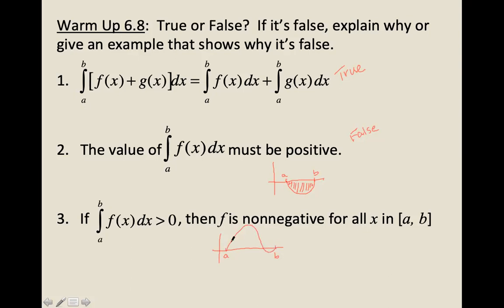But as you can see, our answer comes out to be positive because the values above the x-axis outweigh the ones below, but the function is not non-negative. In other words, it's not always above the x-axis. So this one is also false.